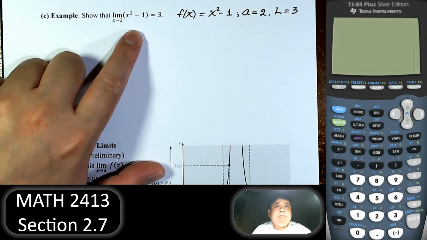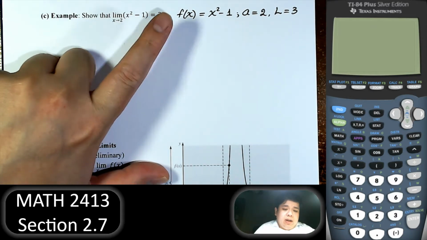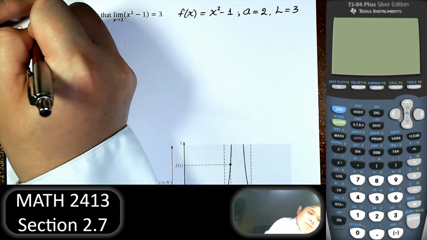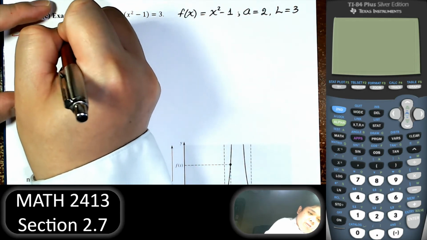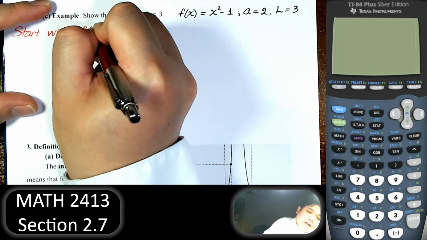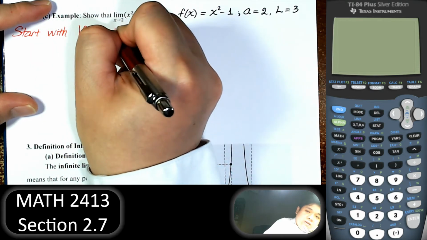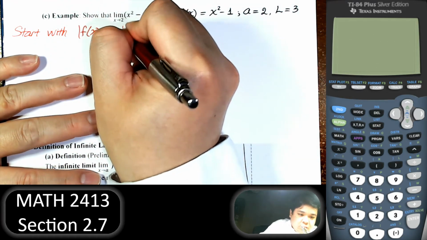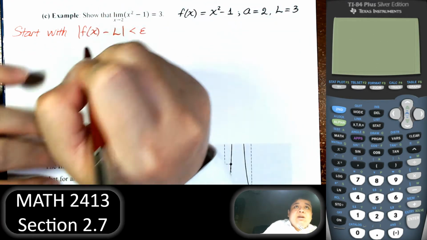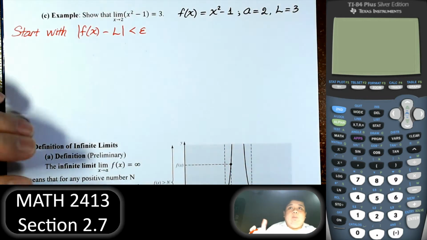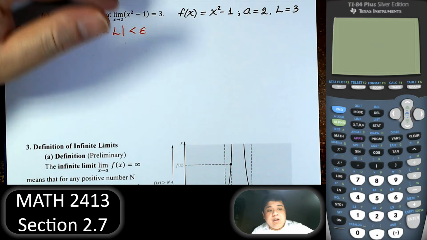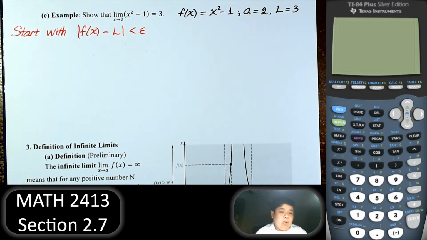Now, once again we start with the absolute value of f of x minus L less than epsilon, and then we end up with x minus a less than delta. This one is a little bit different because we don't have a linear function. We have x squared. That makes things a little more interesting.